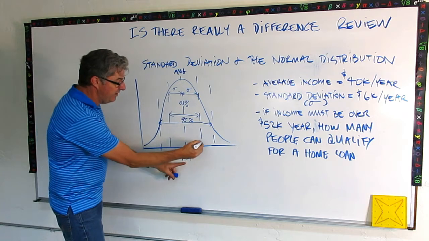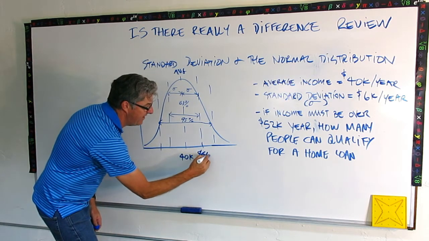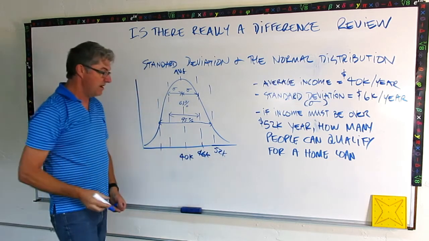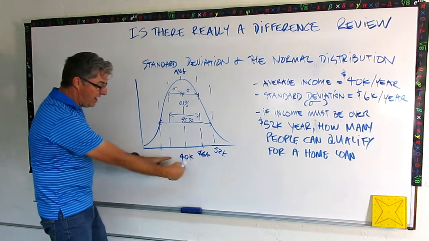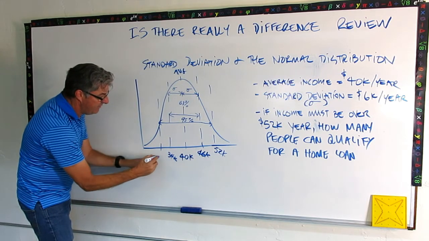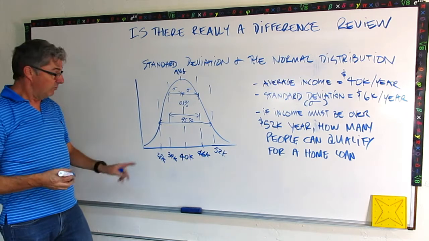So now I can label it on my graph. 6,000 that way, this makes 46K there, and 1 more sigma that way makes 52K there. So now we have our units on the graph. Same way going backwards, this is 34K, and this would be 28K. Okay? So now we have our units.